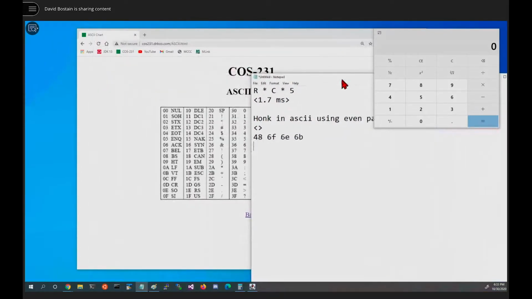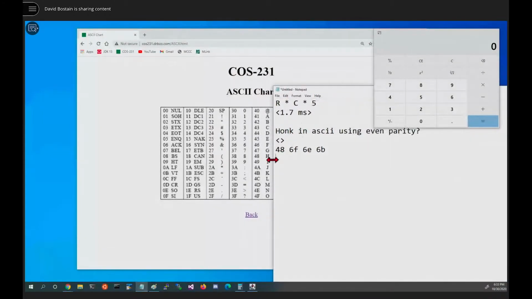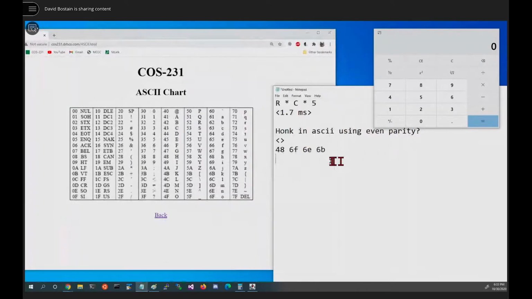Now let's check those. This is where the other table comes in handy. Really quickly, we can look at 48 and see an H. We can look at 6F, 6E, and see O and N, O and N. Sounds like a news station. 6B, we find the K. So that was quick. Now let's write it out in binary.